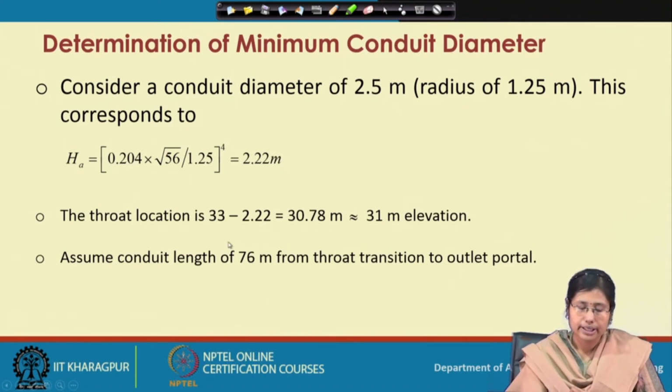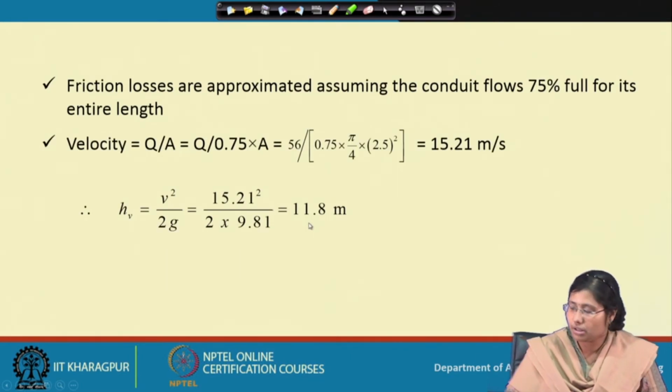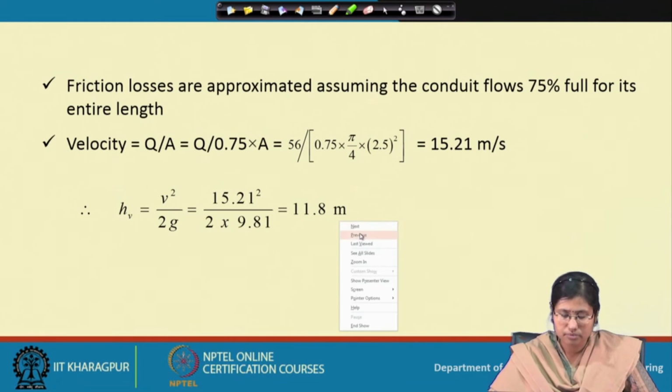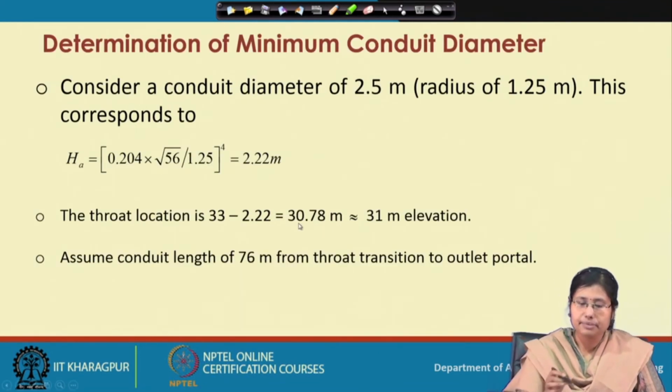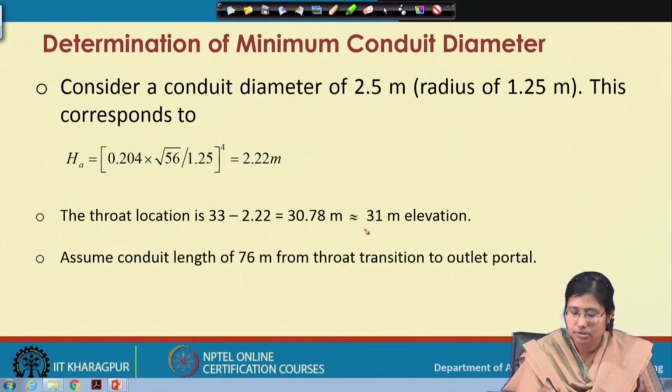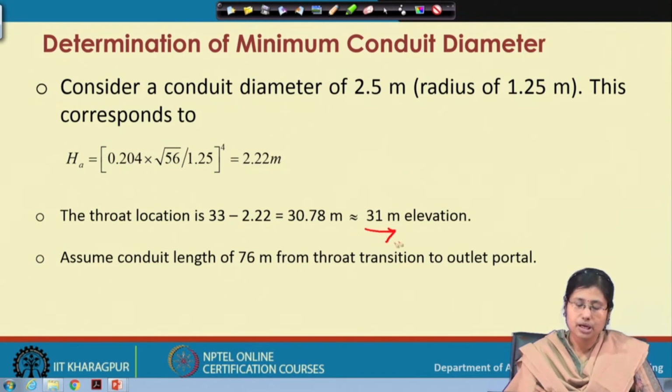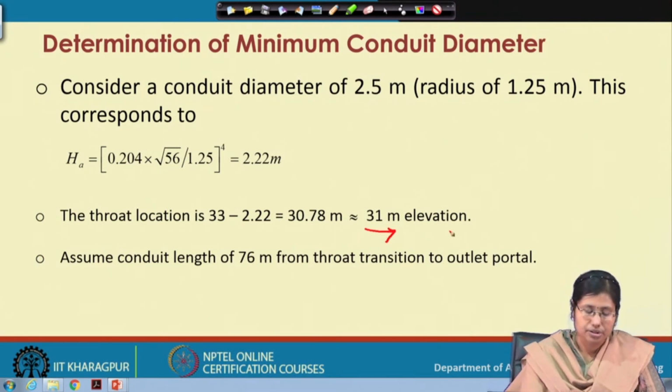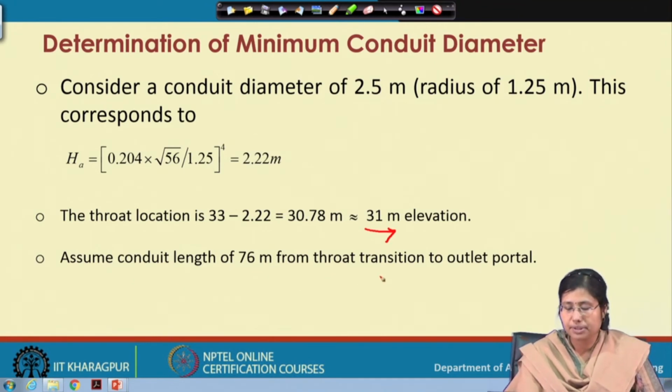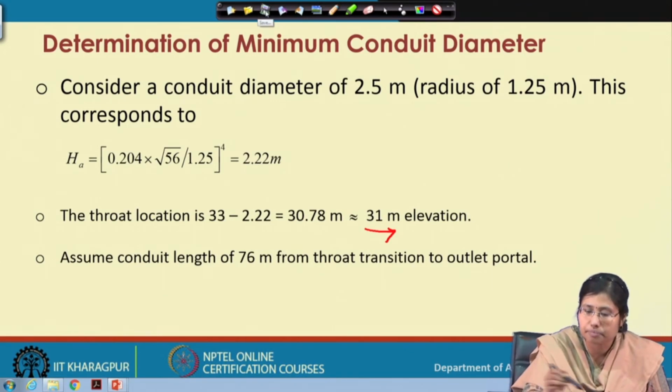Now, the throat location is 33 minus this 2.22, which comes to be 30.78 meter, which we round to 31 meter elevation. So, we assume a conduit length of 76 meter from the throat transition to the outlet point.